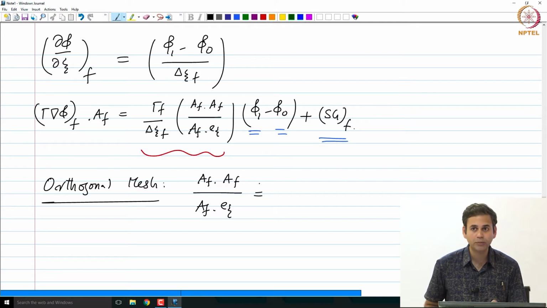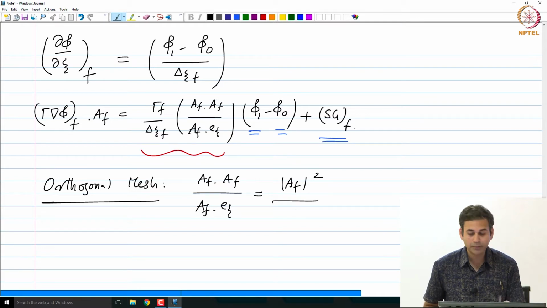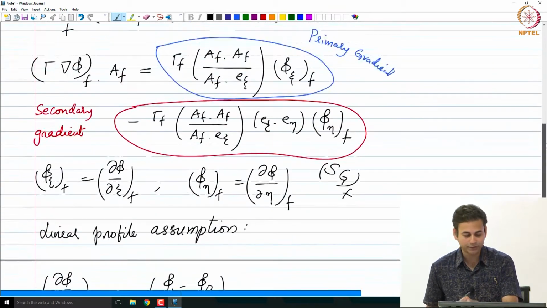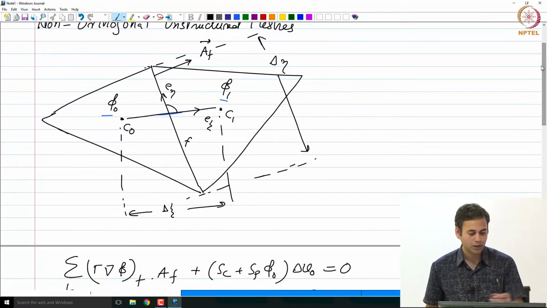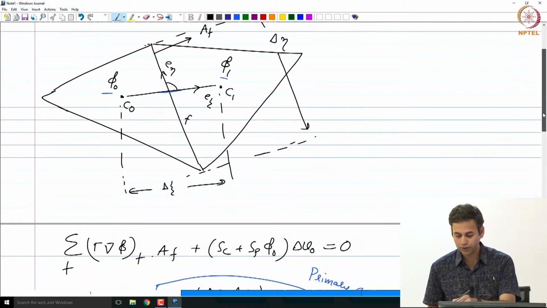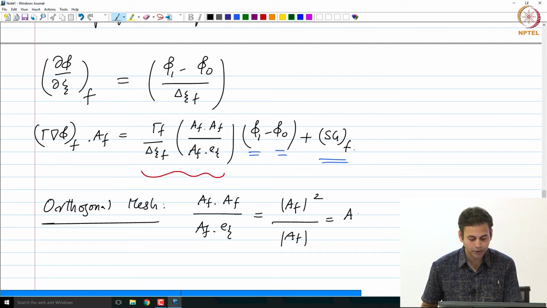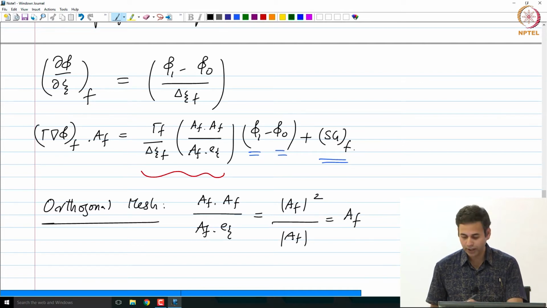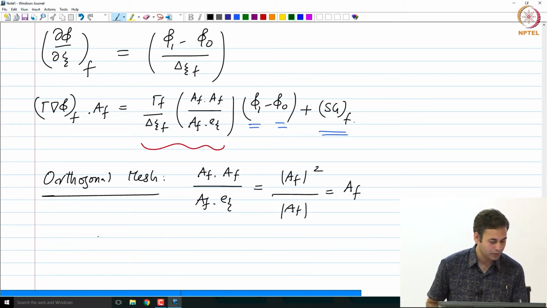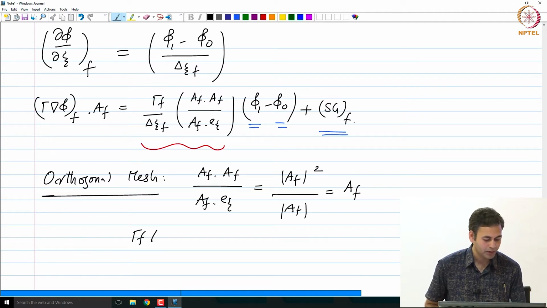A f dot a f would be a f square, the magnitude square, divided by a f in the direction of E xi, which will be the magnitude a f. So, this will eventually be just the magnitude a f. So, what will be the coefficient now for phi a and b? That will be gamma f a f upon delta xi f.